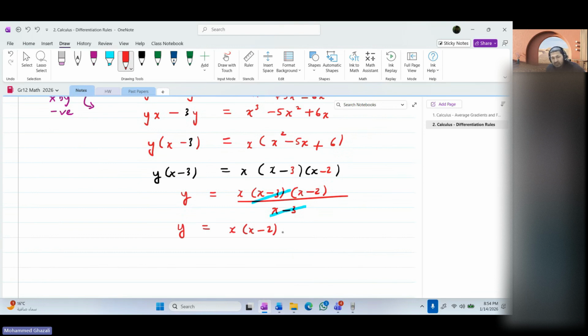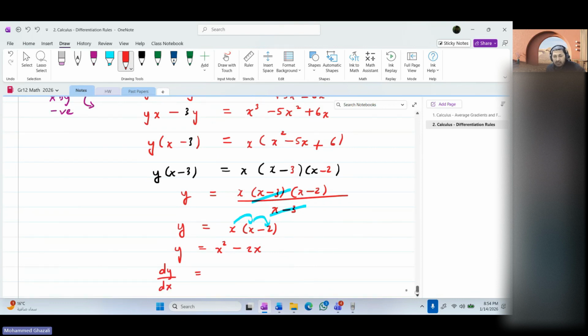But remember, x into x minus 2, we can't differentiate this because we need to put it in power form. So we need to open them up. Right, so we got y is equal to x squared minus 2x. Now we can find dy dx, okay? That's why this problem was complicated. To find dy dx, 2 times 1 is 2, x to the power 1, and then subtract 2x minus 2. 1 times 2 is 2, x to the power 0.